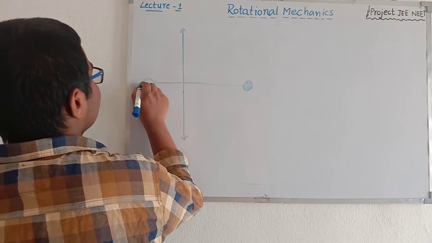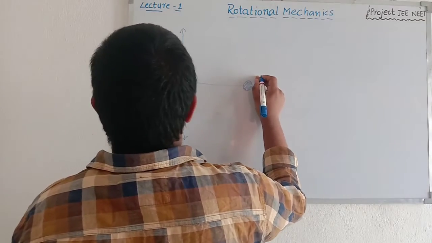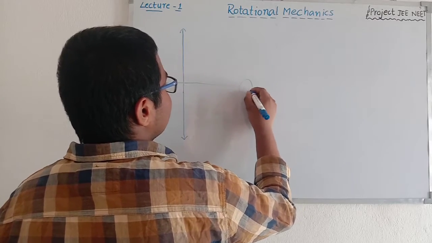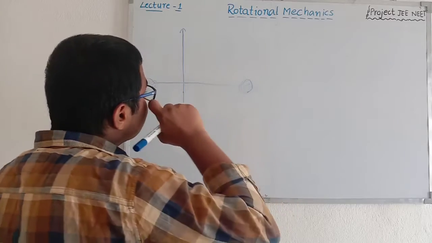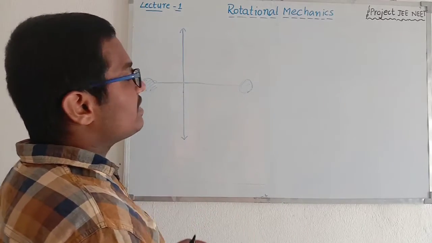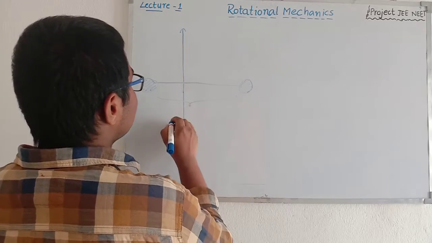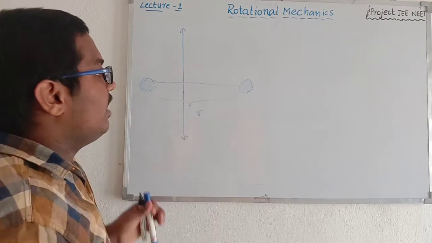So this is the mass here. This is also the same mass. Either the same mass or a different mass, there will be no difference. But the main difference here is that the total distance is r. The total distance is r.